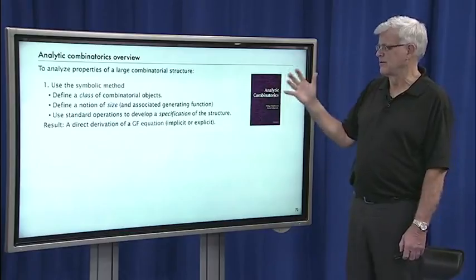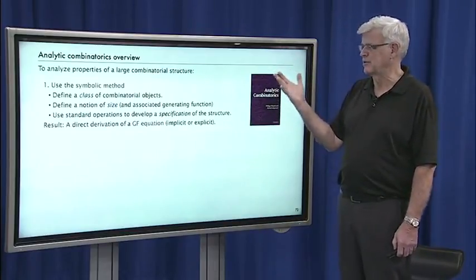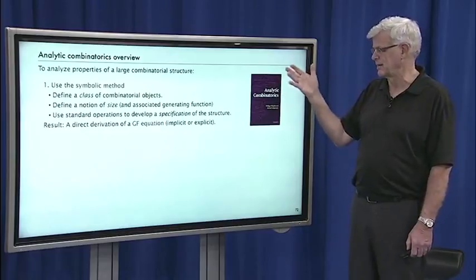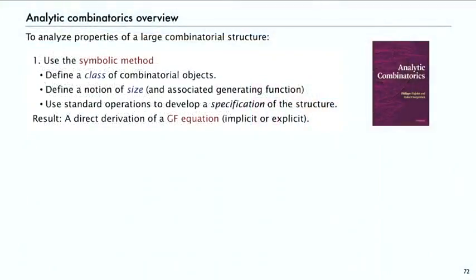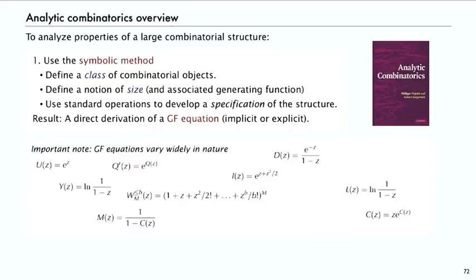So that fits with our overview. To analyze properties of a large combinatorial structure, we use the symbolic method to get directly a generating function equation. Now, it's important to note that the equations that we get vary widely in nature. Some of them are quite simple, some of them are quite complicated, but those are the generating functions of the counting sequences that we seek.